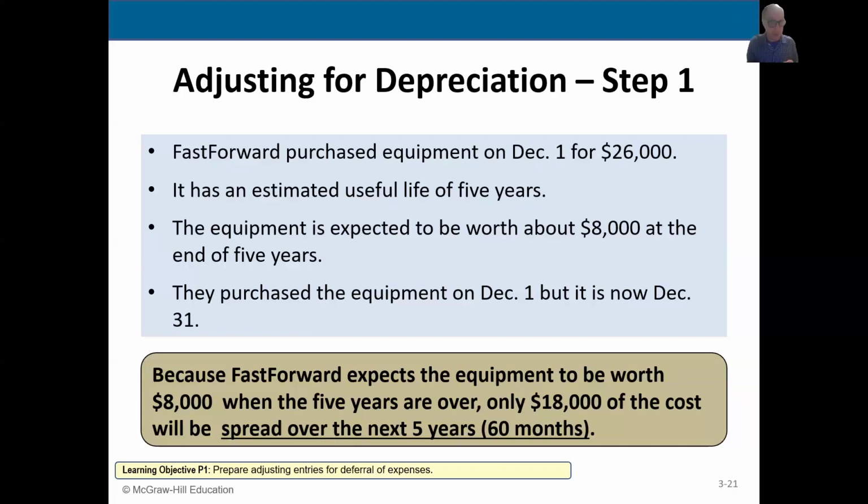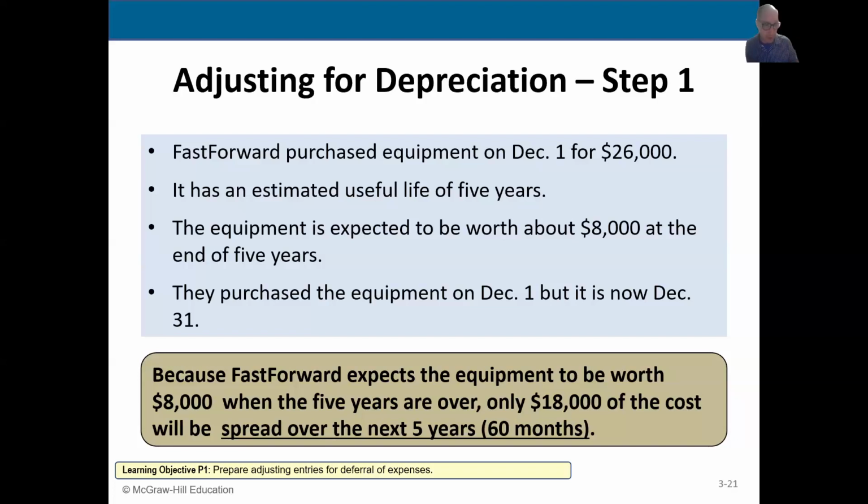So what that means is at the end of December 31, I make an adjusting entry. I debit depreciation expense, equipment, $300. I credit an account called accumulated depreciation for $300.